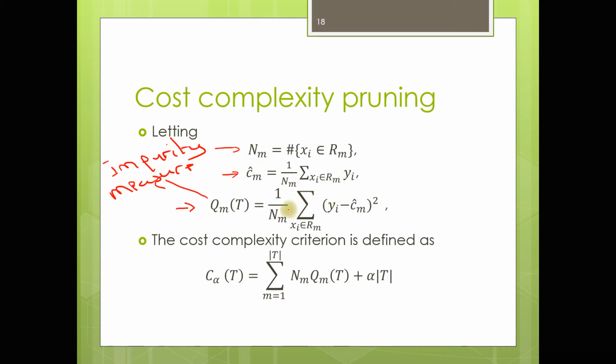And what is it about this impurity measure? It's something very straightforward in the context of a regression setting. The idea is to compare your actual value of y with what you have fitted, that is your constant, your mean, right? If all the values of y are equal to the mean, that would mean this sum would be equal to 0.